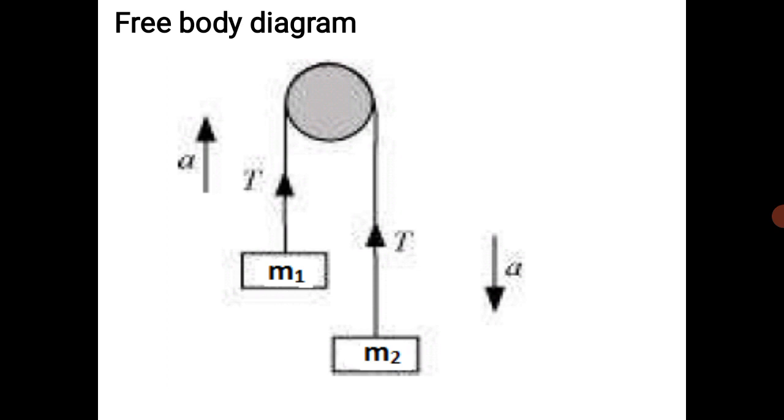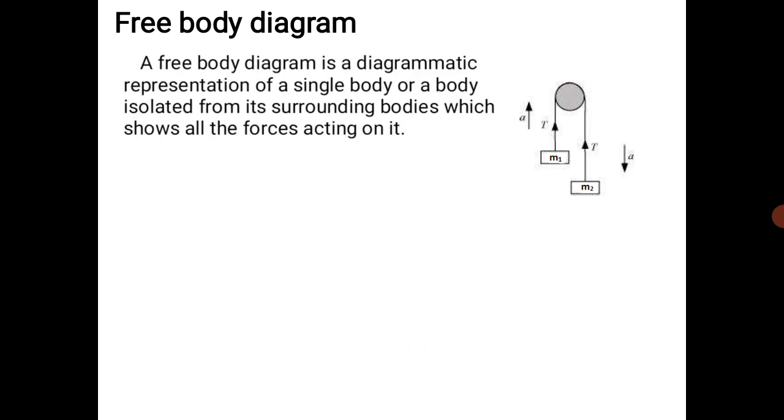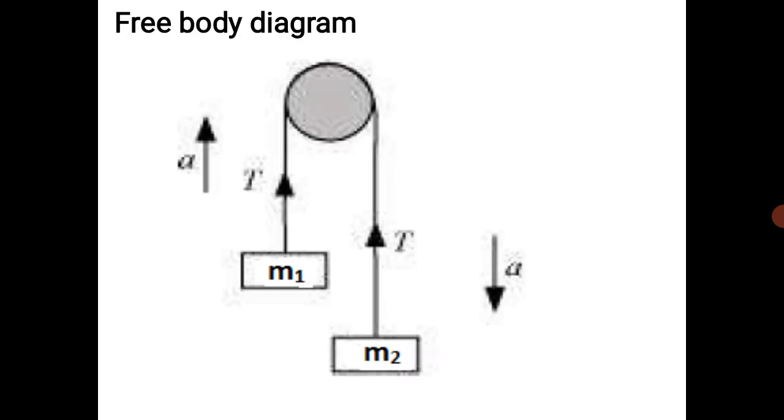Here T is the tension, which we have already discussed. Now we can write the free body diagram, meaning all forces acting on the mass m1. Carefully observe.